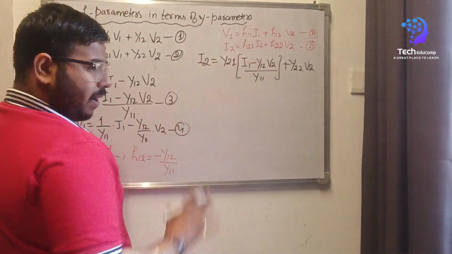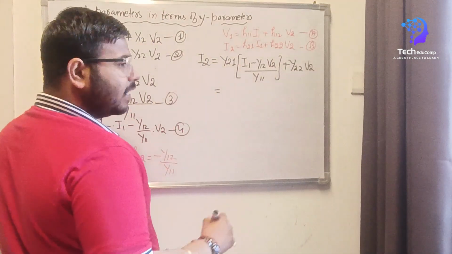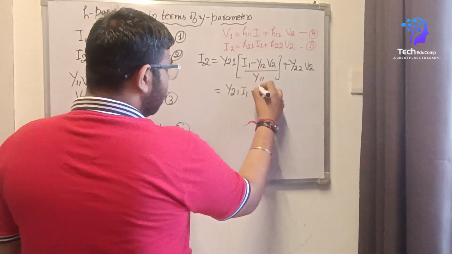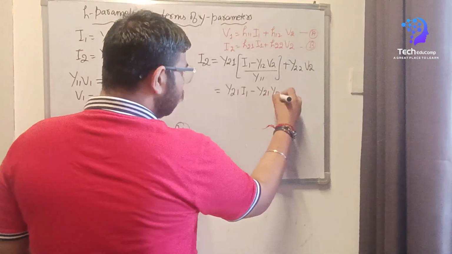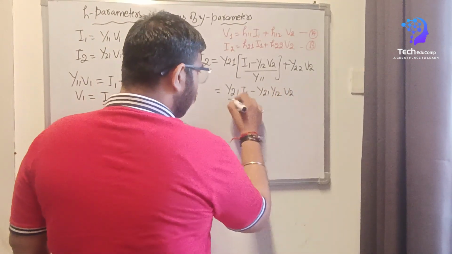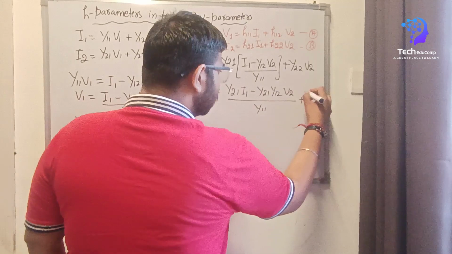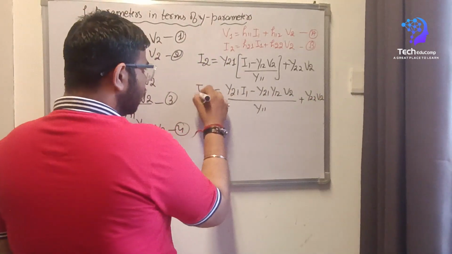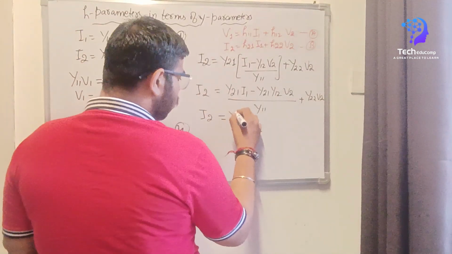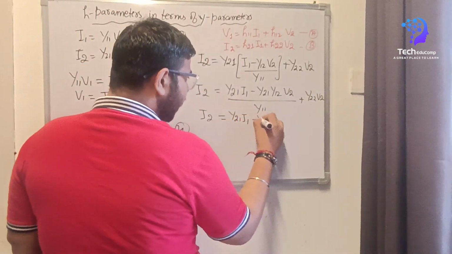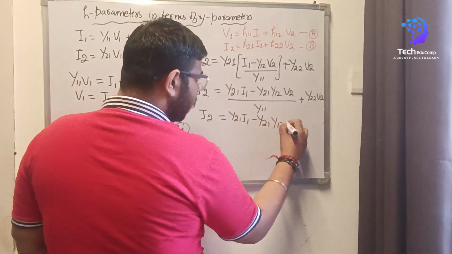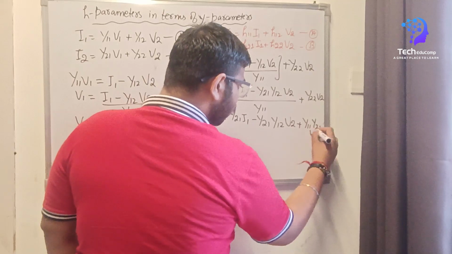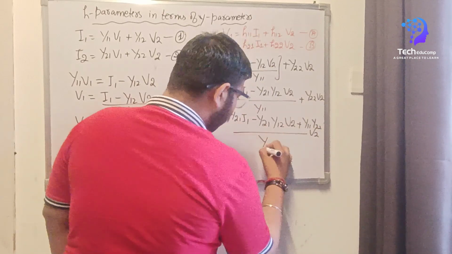Now just simplify it by taking the LCM. We will get Y21 into I1 minus Y21 into Y12 into V2 upon Y11 plus Y22 into V2, and by taking the LCM we get I2 equal to Y21 into I1 minus Y21 into Y12 into V2 plus Y11 into Y22 into V2, whole divided by Y11.